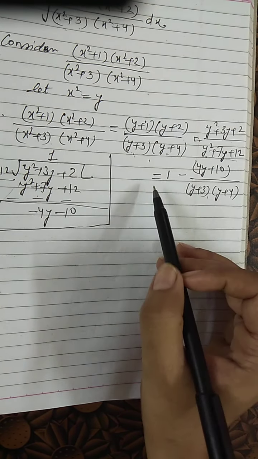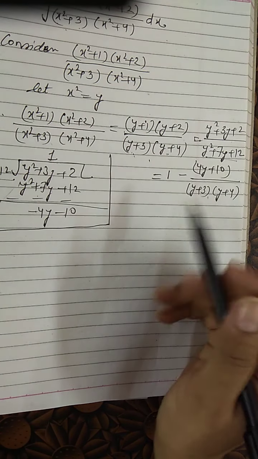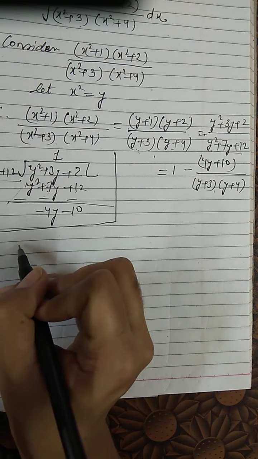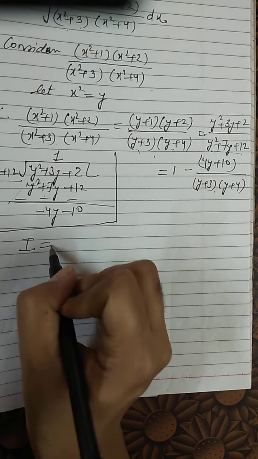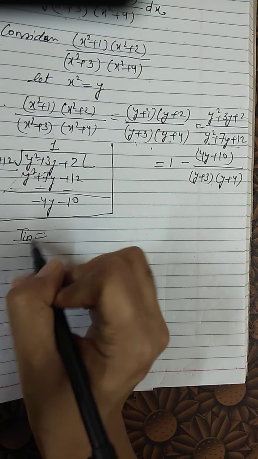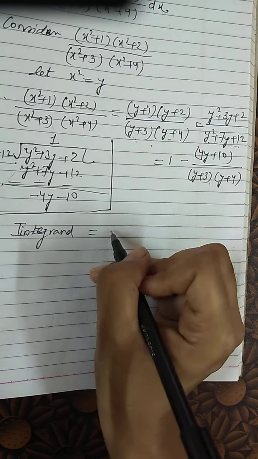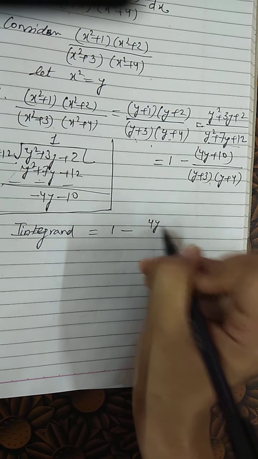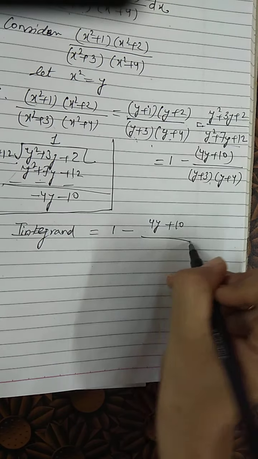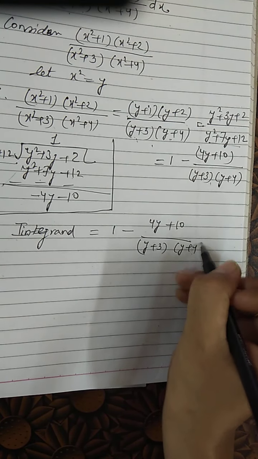So now our function has been converted into a proper rational function. Okay, so here our integrand has become 1 minus 4y plus 10 divided by y plus 3 into y plus 4.